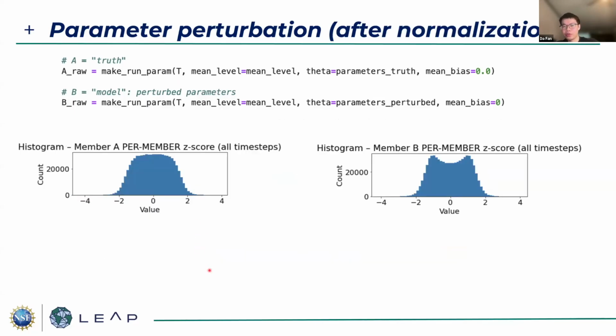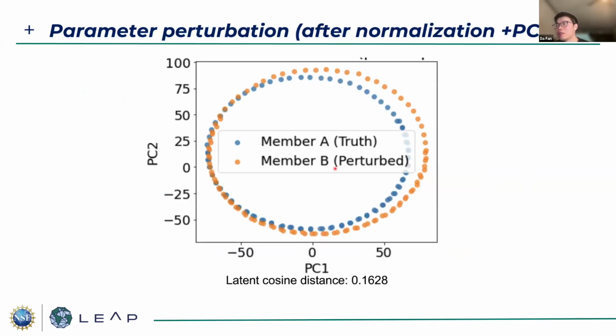But in the normalized fields, we found some differences. Member A shows a Gaussian-like distribution, but member B shows a bi-peak distribution, which is due to the perturbation of physical parameters. And then here are the latent representations of the normalized fields for the truth model and perturbed model.